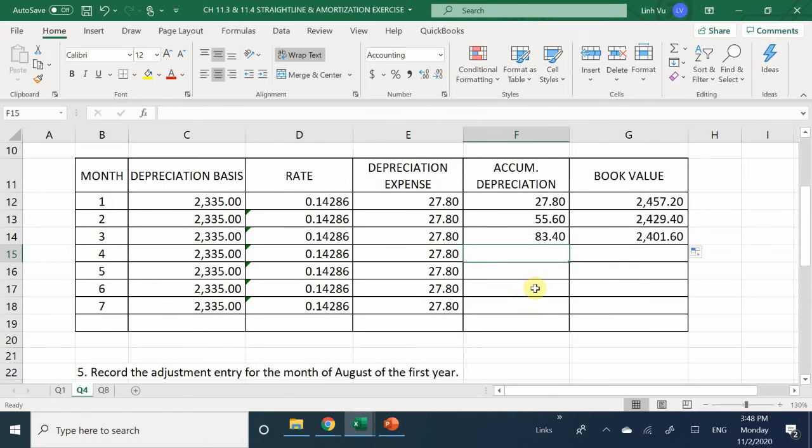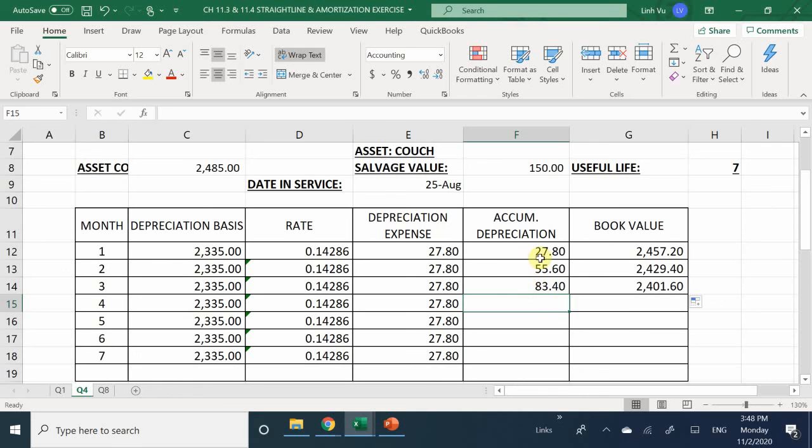So how do we solve for the accumulated depreciation for the fourth year? That's all we're solving for because we've already got all of our information here to determine the depreciation expense, we already know is the same. So let me do it again, Michelle. Sorry. No, keep going. You're good. All the wrong numbers give you all the wrong answers. So I came up with this, the accumulated depreciation amount is 111.20.